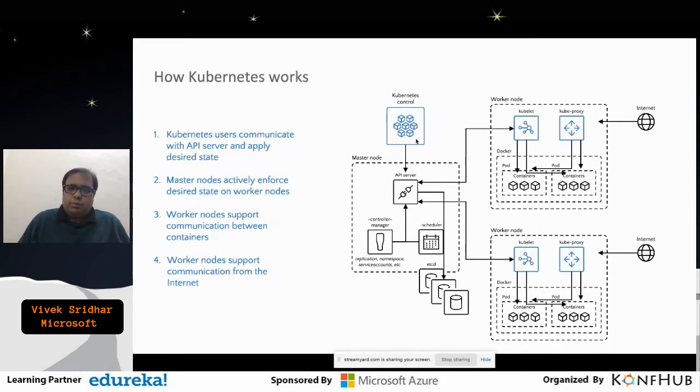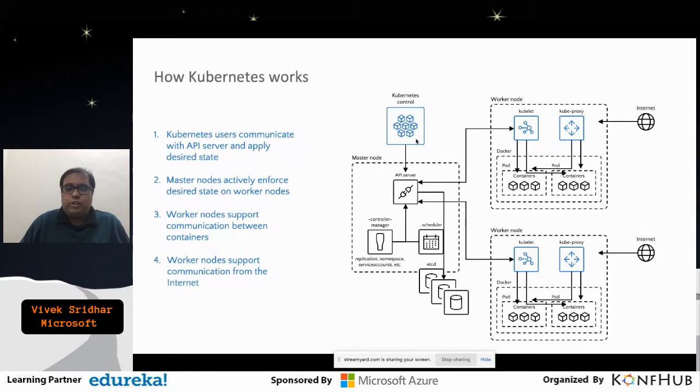And the master, what it does is, there are a couple of different tools and services at the master, that is the control manager, the scheduler, and the etcd. Etcd is nothing but a distributed key-value database.